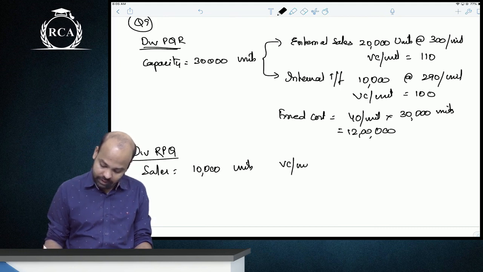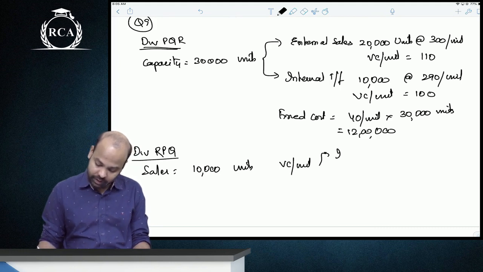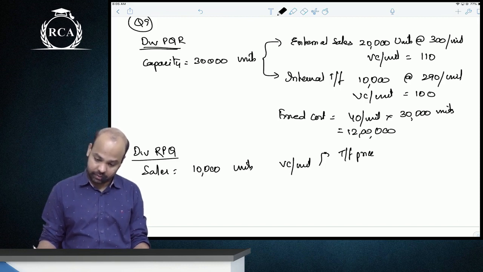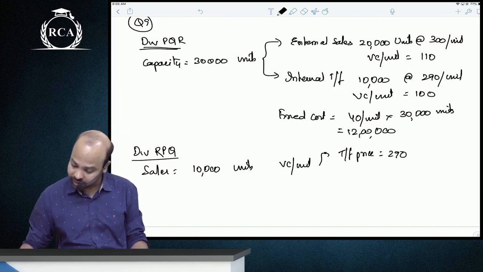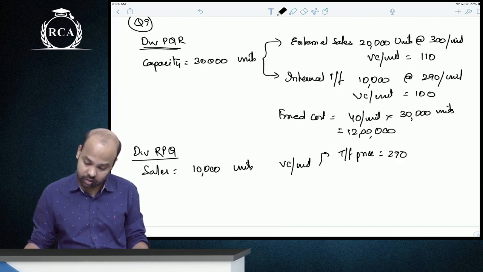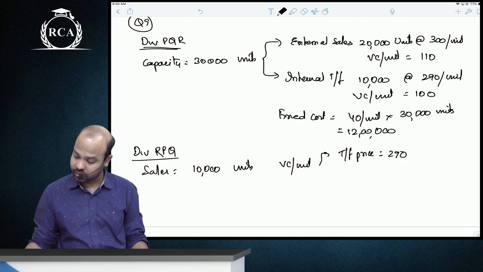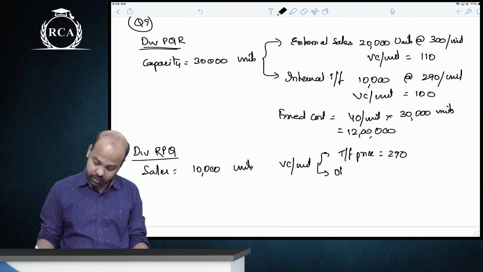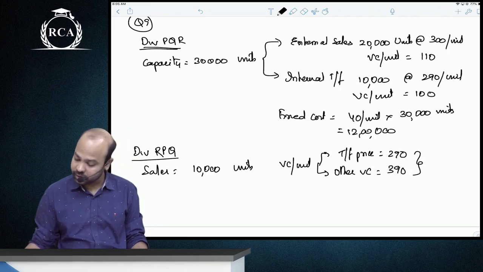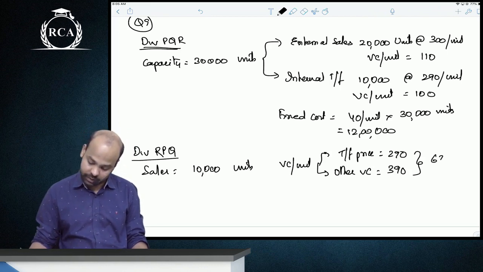Variable cost per unit is whatever is the internal transfer. They are incurring a transfer price of 290. And apart from that, they are incurring 230, 30, 120 and 10, which is 390. The other variable cost is 390. Put together, it is 290 plus 390, 680.